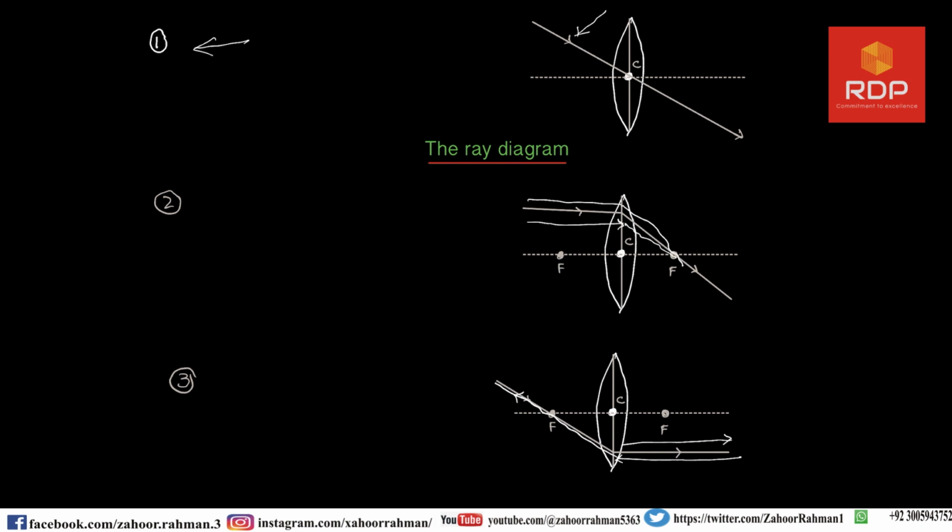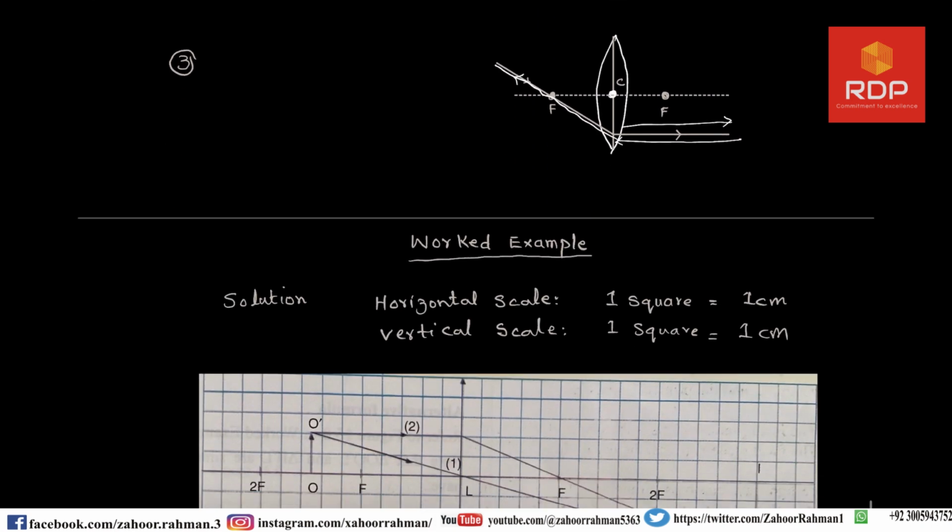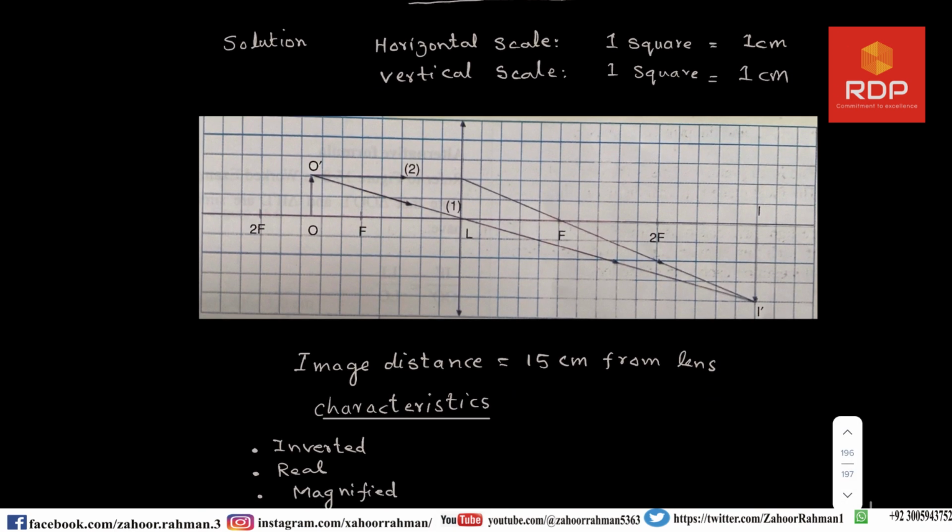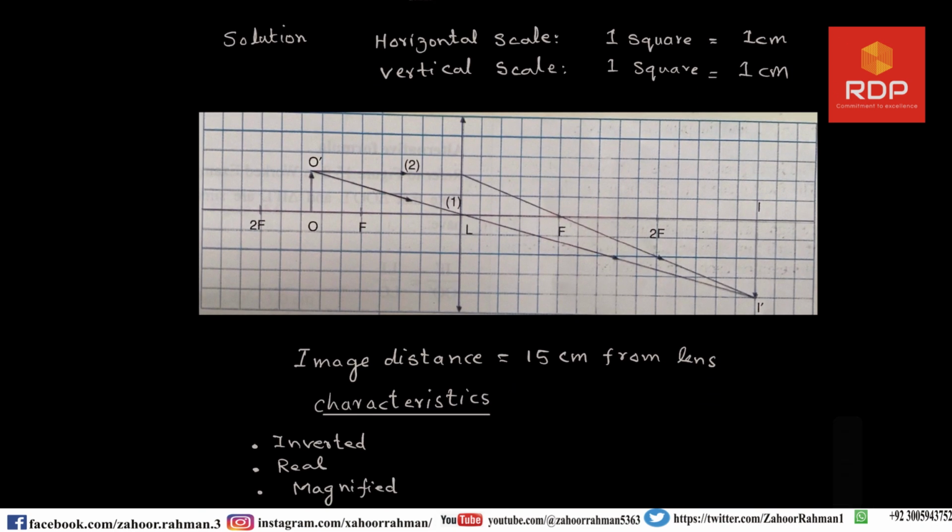Let us clear this concept with the help of a worked example. Let us understand the worked example. The worked example is saying an object 2 centimeter high. Now this is an object which is 2 centimeter high. You have this graph paper, and in this graph paper there are small squares.